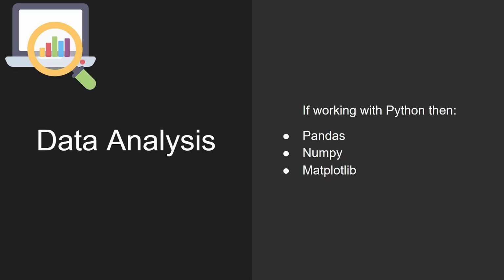Next step is data analysis. Let's go further. Working with Python, first is pandas. What is pandas? If you have your data in rows and columns in tabular form, then pandas can easily work with that. You can work with rows and columns and analyze your data better.